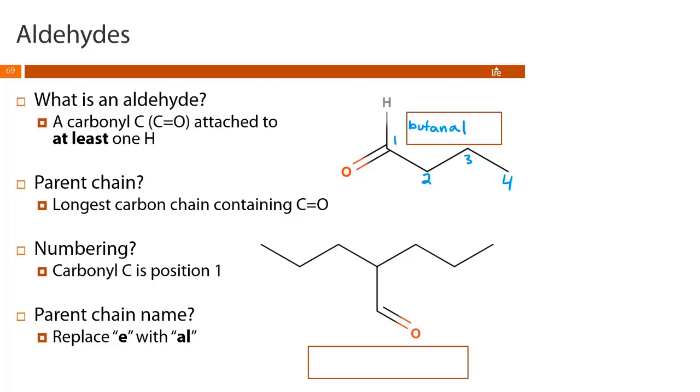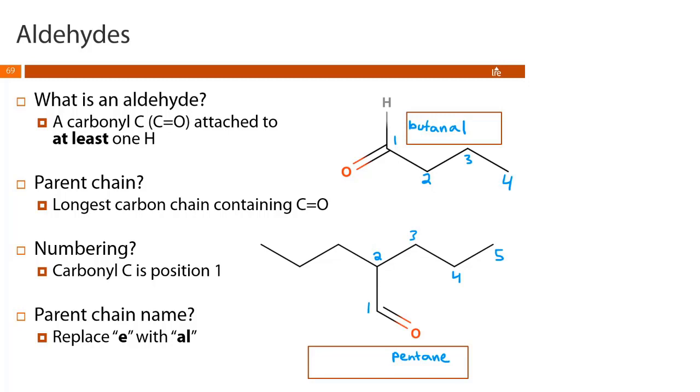Okay, so let's try this one at the bottom. So remember, we have to start numbering at the carbonyl carbon. And then here at our branch point, it doesn't matter which way we go because we have 3 carbons in either direction. So a 5-carbon alkane would be pentane.